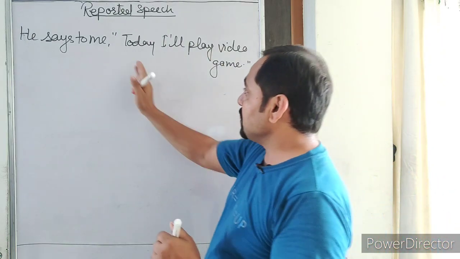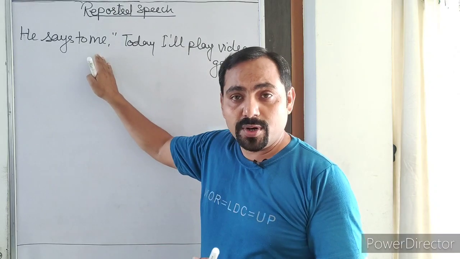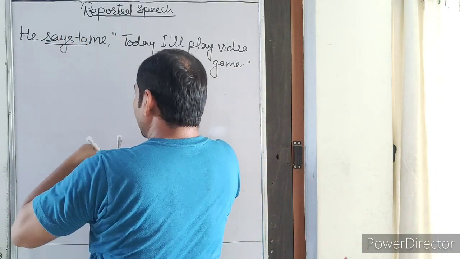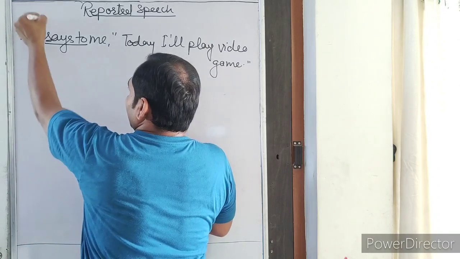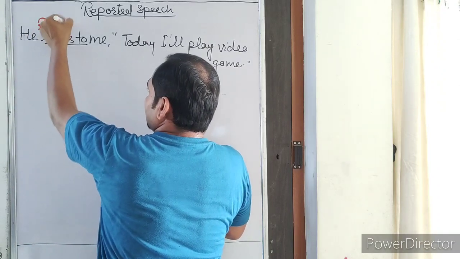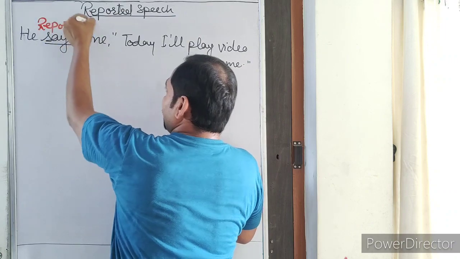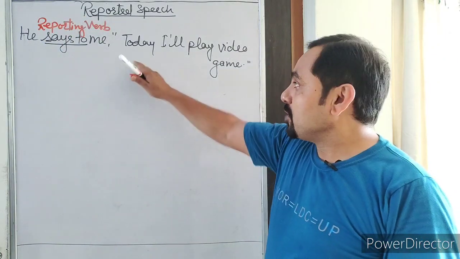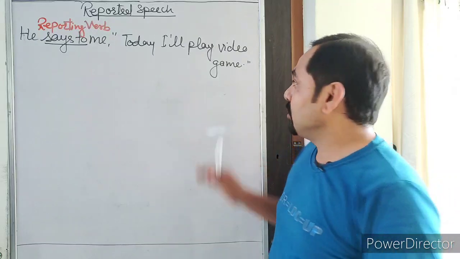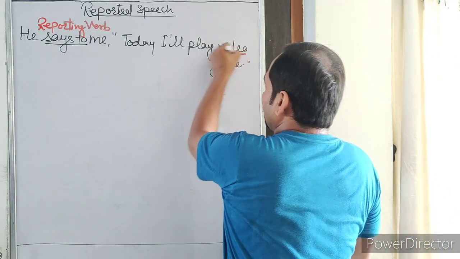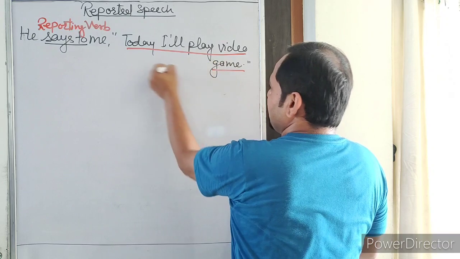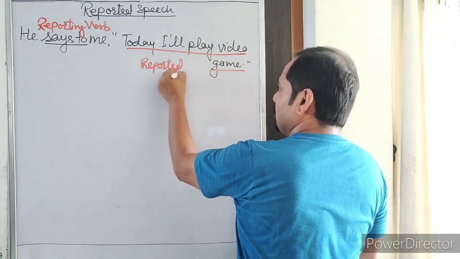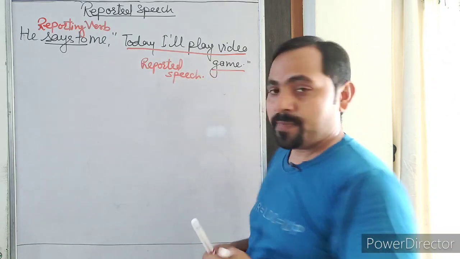And the part which is outside the inverted comma is known as the reporting verb. What is it called? It is called the reporting verb, right? And the statement which is inside the inverted comma is called reported speech. What is it called? Reported speech.